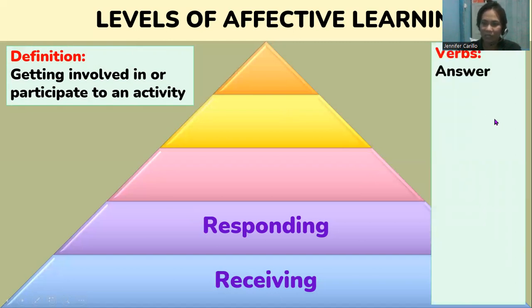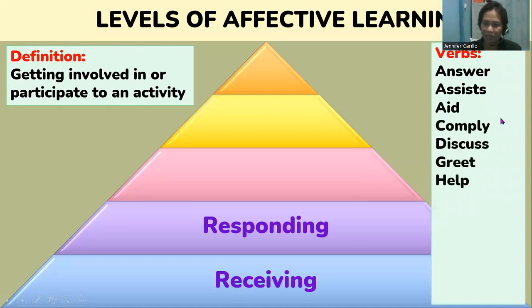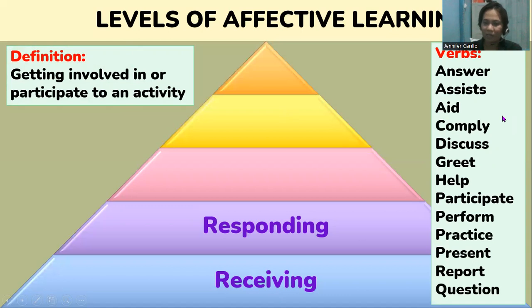We can use answer, assist, aid, comply, discuss, greet, help, participate, perform, practice, present, report, and question. These are the verbs that we can use to formulate the learning outcomes under responding.